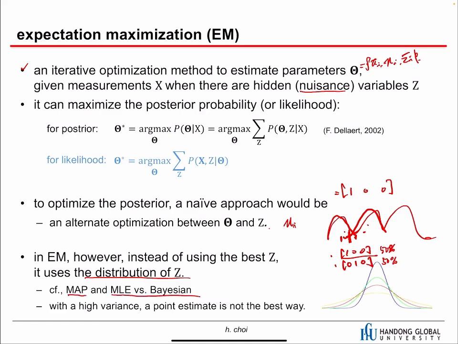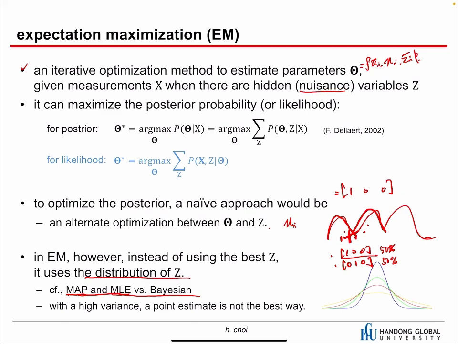With MAP and MLE, we actually use the best estimator. So it is a point estimator. So we find the best parameter. But in the Bayesian approach, instead of using the best parameter, we use the distributional parameter.